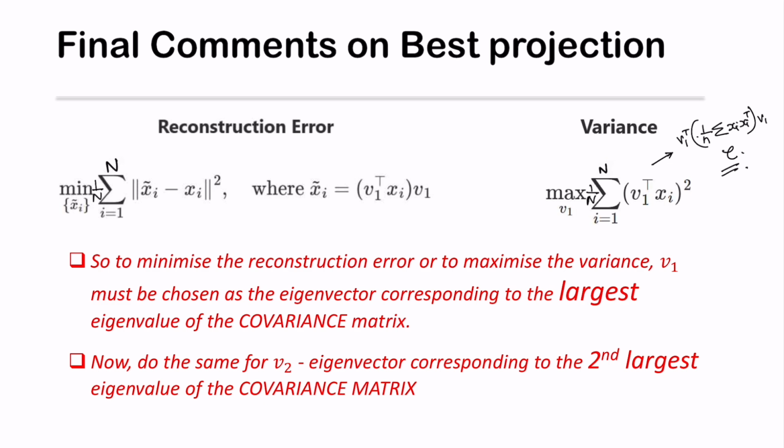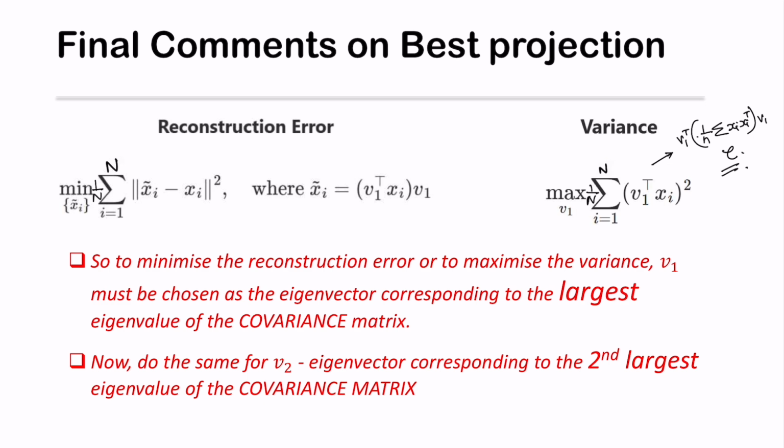Now we can do the same thing for v2, which is the eigenvector corresponding to the second largest eigenvalue of the covariance matrix, and we can keep on doing this until we reach a smaller dimension where we want to project the high dimensional data set onto. So this concludes the method about PCA.